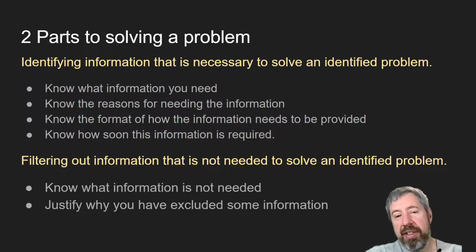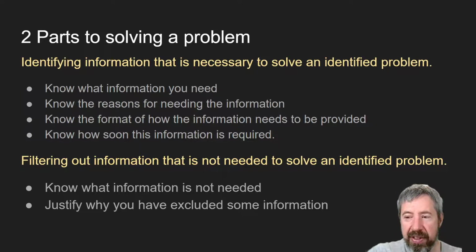Once you've collected information, you might need to filter out what you don't need. So maybe you don't need to know the tire pressure. Maybe you don't need to know that it's metal or plastic. Maybe you don't need to know lots of things like that. You don't need to know the colour of the cars. It's not important.